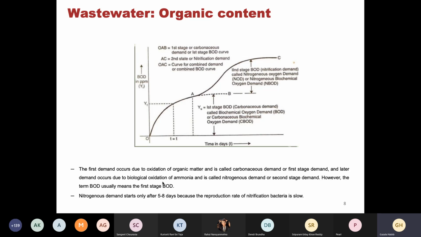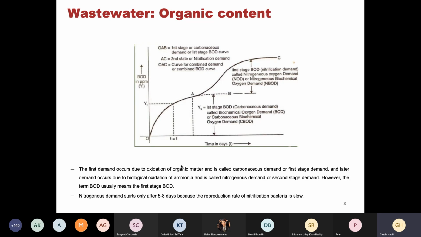We determine the oxygen demand after 5 days of incubation, that is BOD5, and it basically indicates the oxygen requirement of carbonaceous organic matter to be converted into harmless compounds.